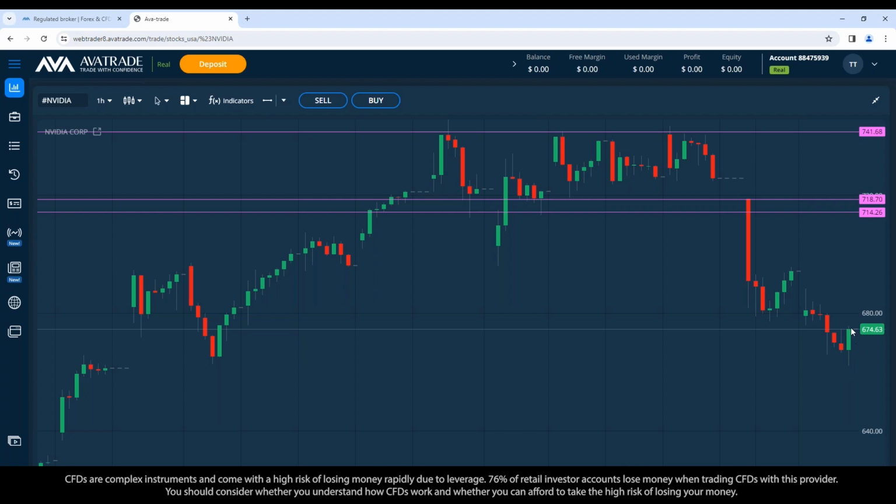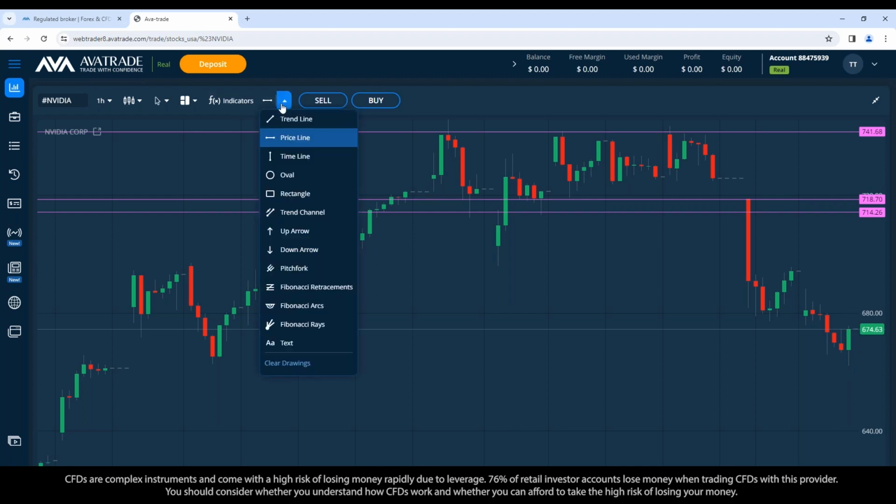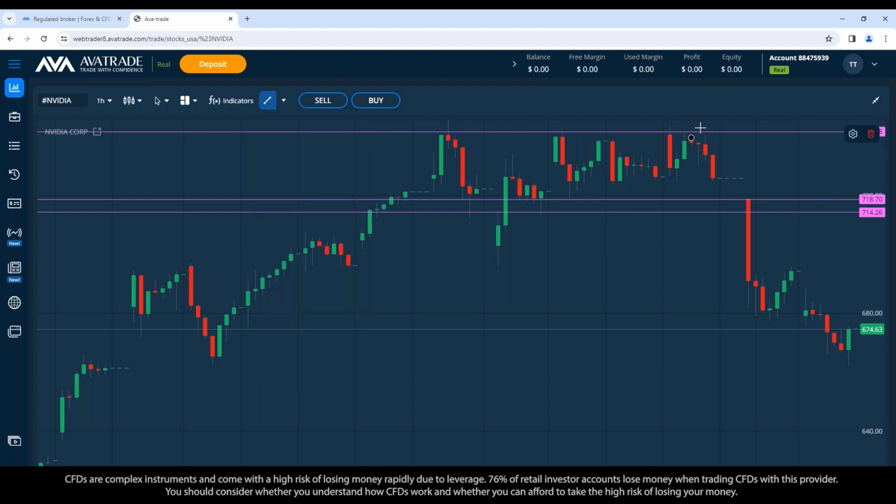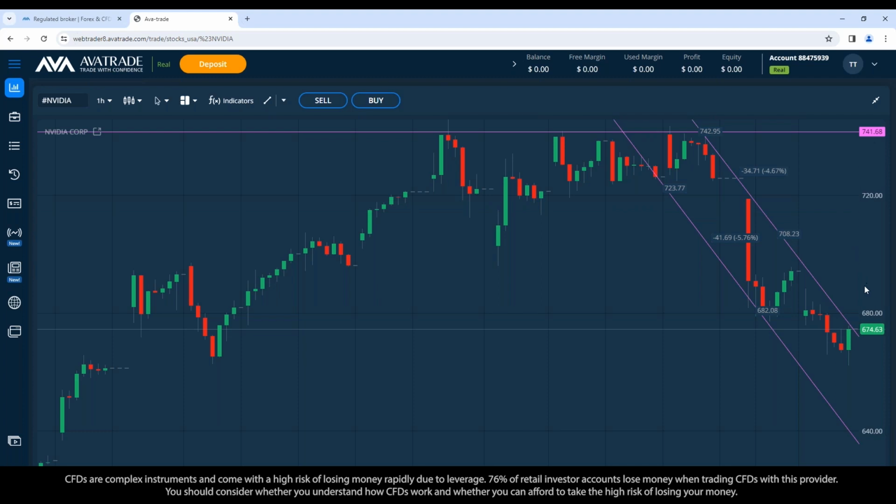We see this bounce back up, but still you see how far down NVIDIA is. Look how far down NVIDIA still is compared to where it was last week. So even if today's market opens with a gap up, look how far it still could go if it's going to go back to its all-time high.